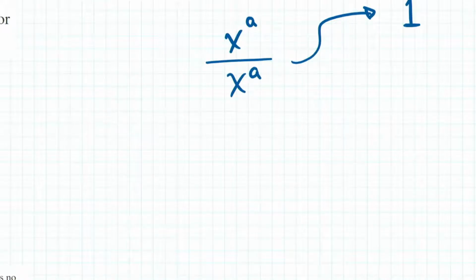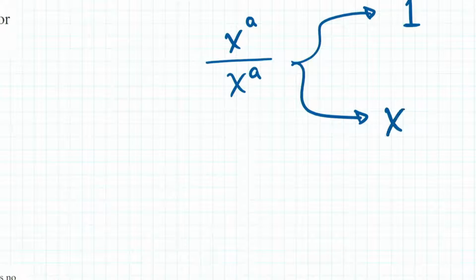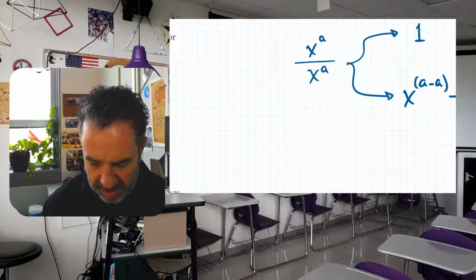The other thing we looked at, and we developed this, is that if you have a quotient, a base divided by another base, we came up with this rule. This is the same as x raised to the a minus a power, which is the same as x to the power of 0.